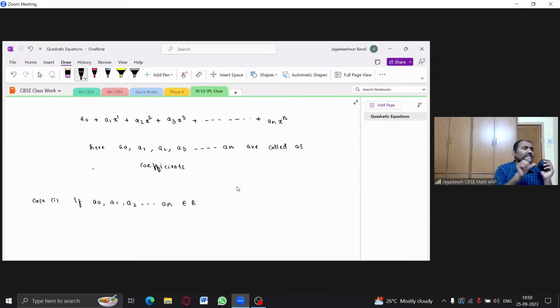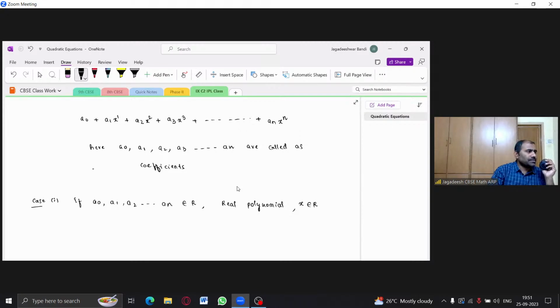So if these coefficients belong to real numbers, then we say that polynomial is called a real polynomial, and the variable x will take only real numbers.